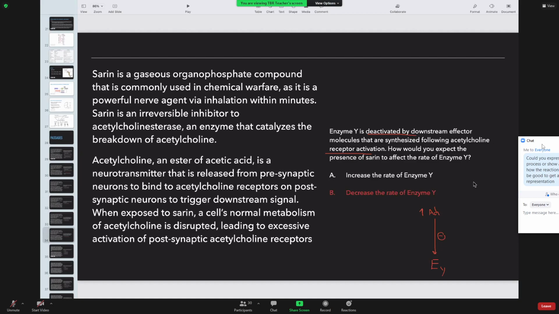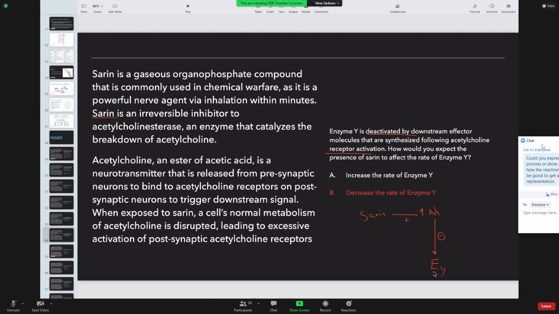So if we have something up here that is the serine, serine is causing an increase in acetylcholine signaling. So serine has a positive effect on the increase of acetylcholine.